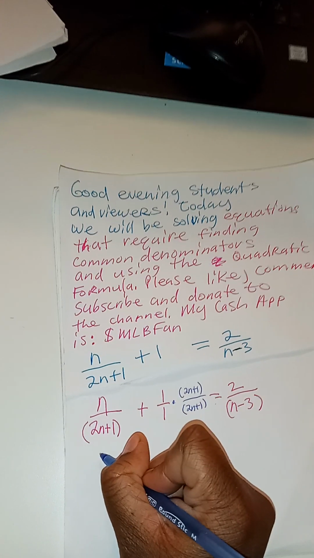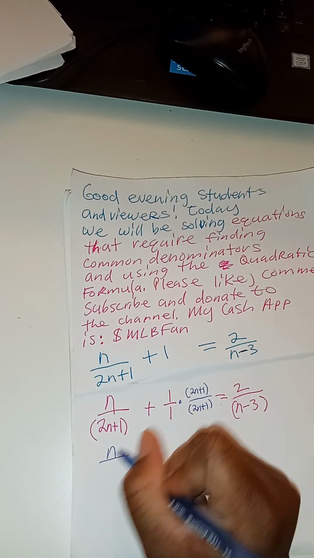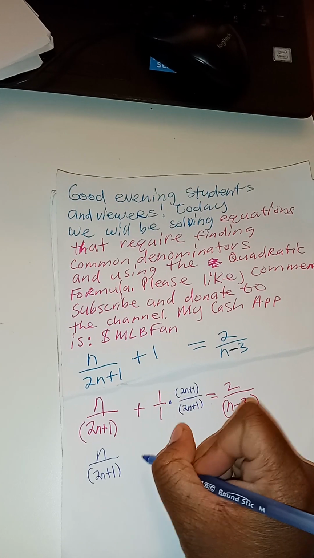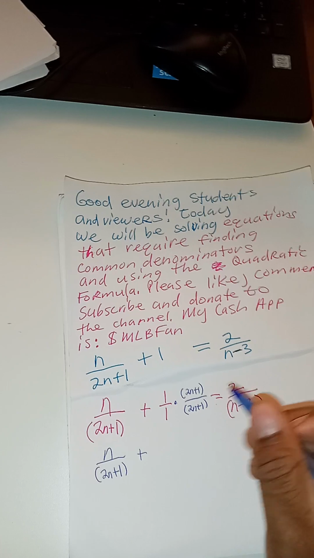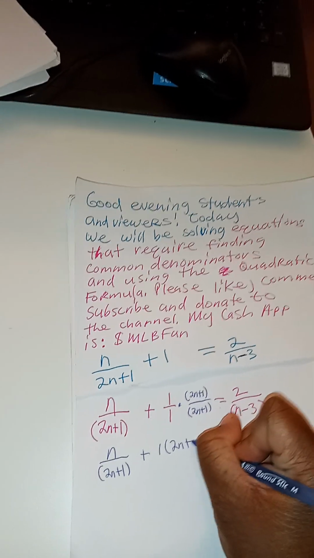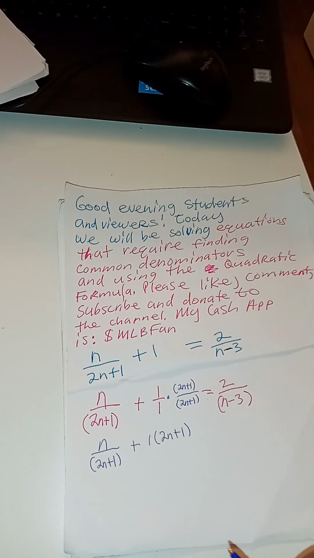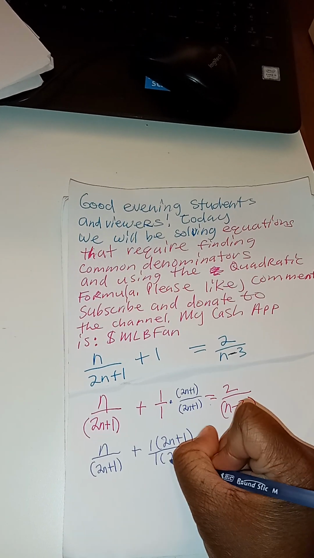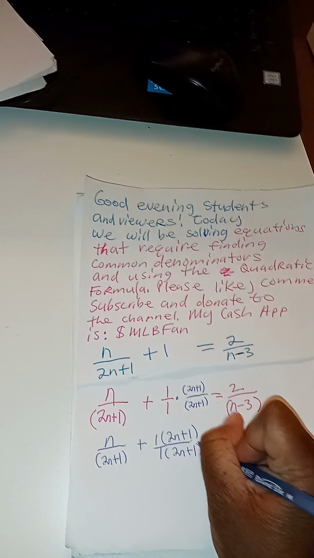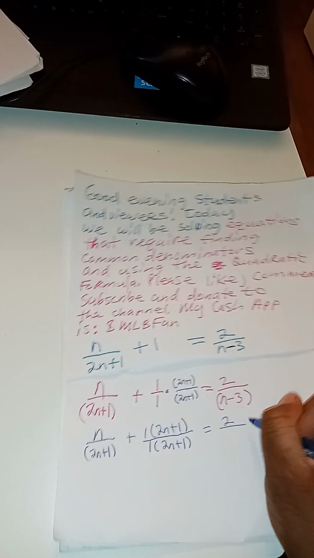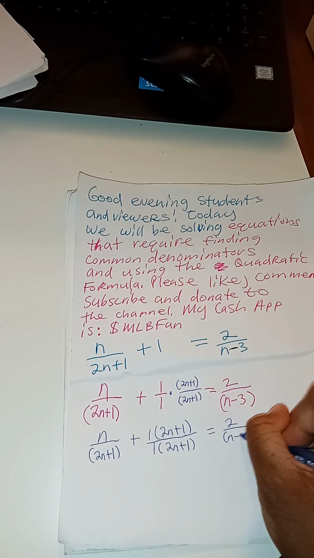And that is going to yield us n divided by 2n plus 1 plus 1 times 2n plus 1 divided by 1 times 2n plus 1 is equal to 2 divided by n minus 3.